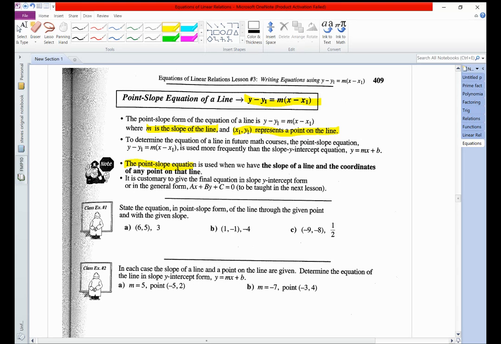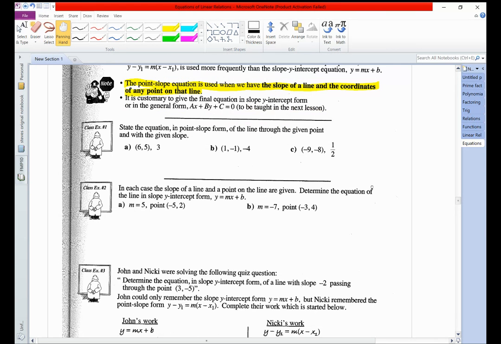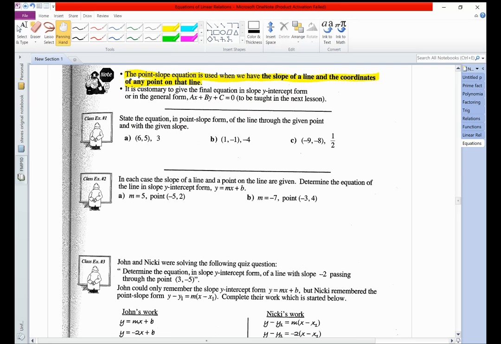The point slope equation is used when we have the slope of a line and the coordinates of any point on that line. Any point. So it says here, state the equation in point slope form of the line through the given point and with the given slope. So that means this is our slope right here, and this is our point. So I'm going to just write the general form up here: y minus y1 is equal to m times x minus x1.